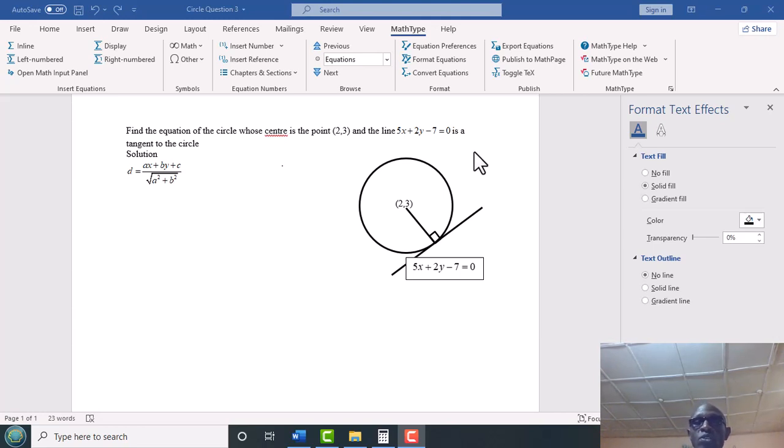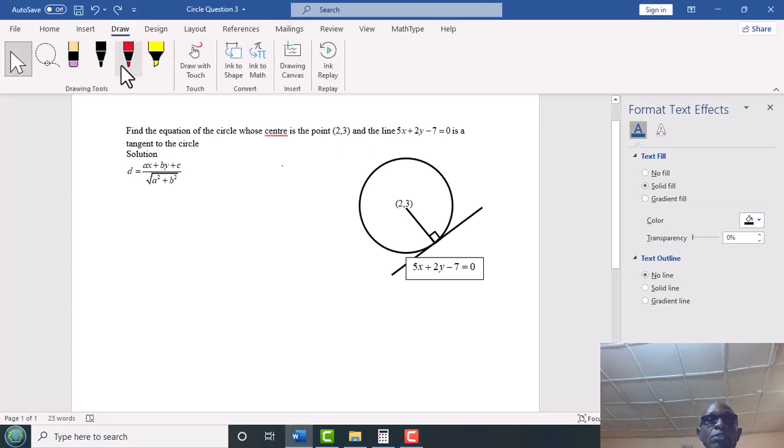Now, one thing you need to understand about this is this. If a line is a tangent, that means it touches the circle at a right angle.